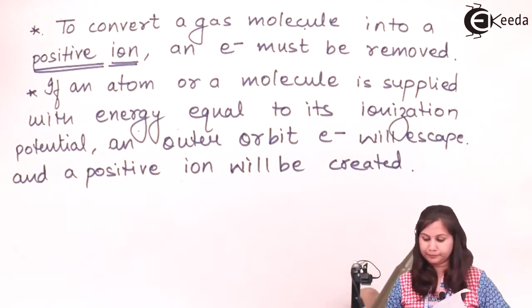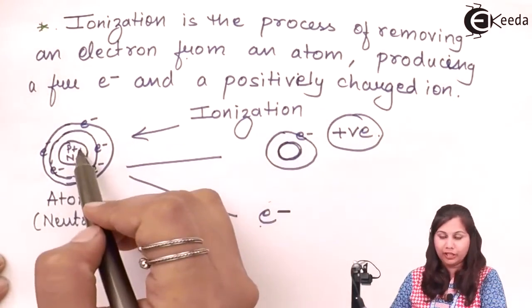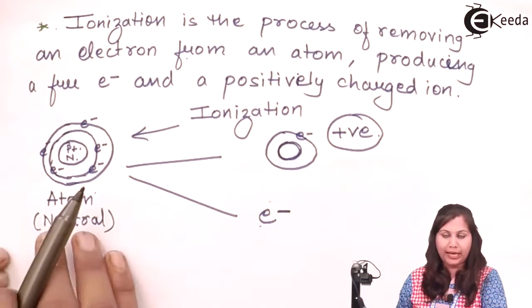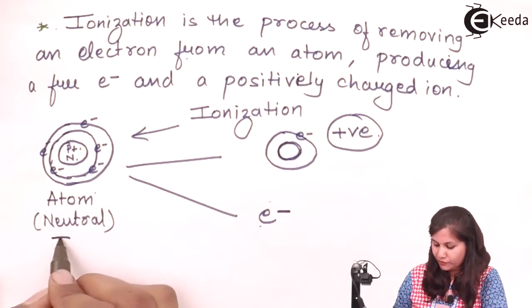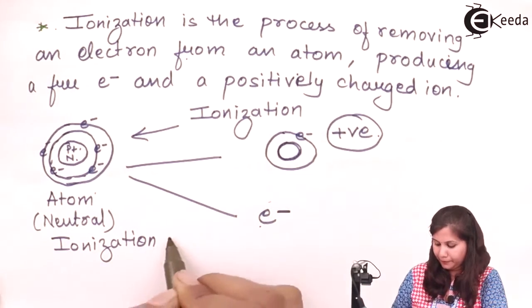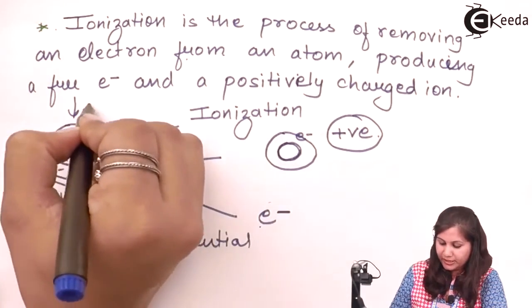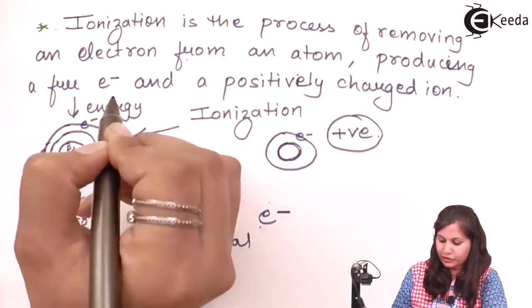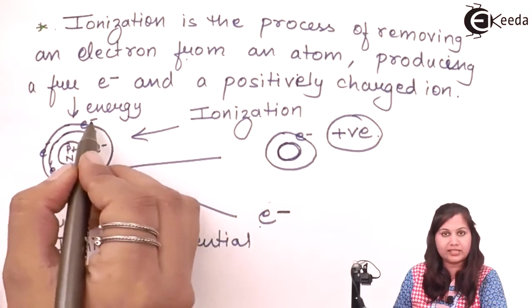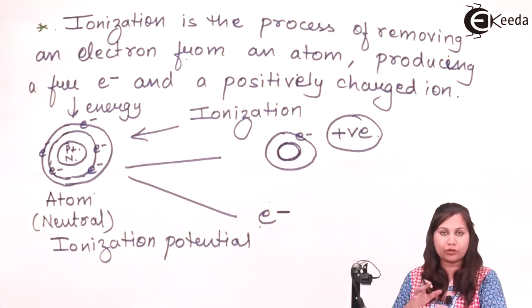So in this process, suppose we are doing ionization, so to this neutral atom we provide an energy which is equal to its ionization potential. When energy is given to it, the electron which is present in its outer orbit will escape. There are various orbits in the atom in which the electrons are moving, but the electrons moving in the outer orbit are called the valence electrons.